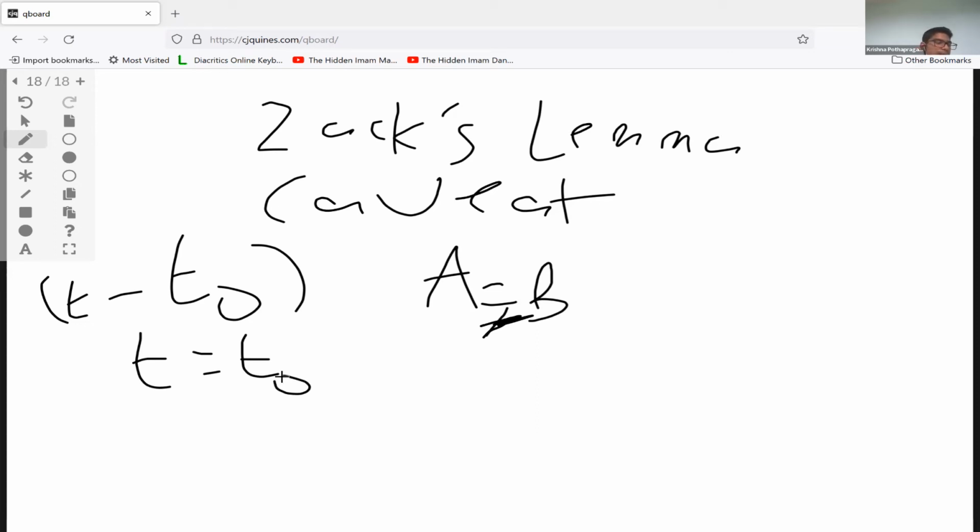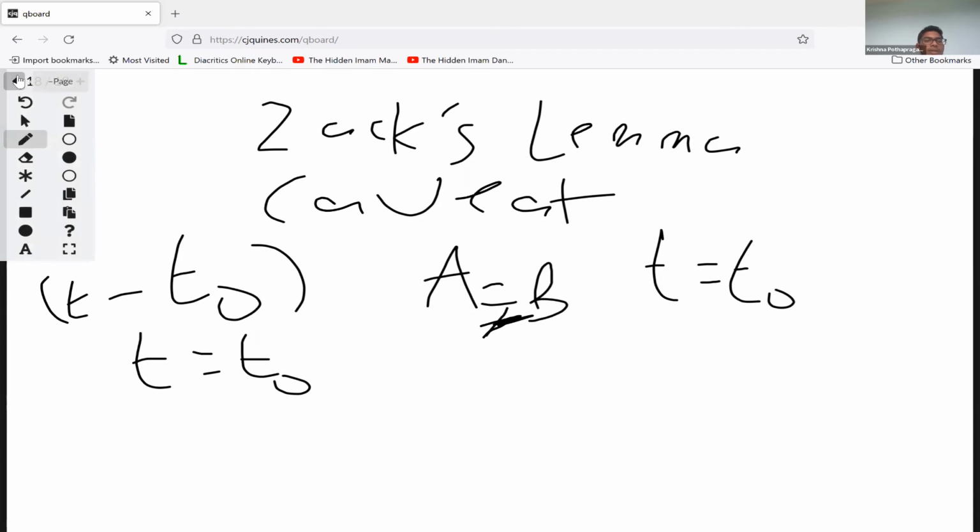In some cases we do, but in most cases we don't. So a common mistake is to decrease the degree of line AB by saying, oh, at t equals t0, A and B are the same point.